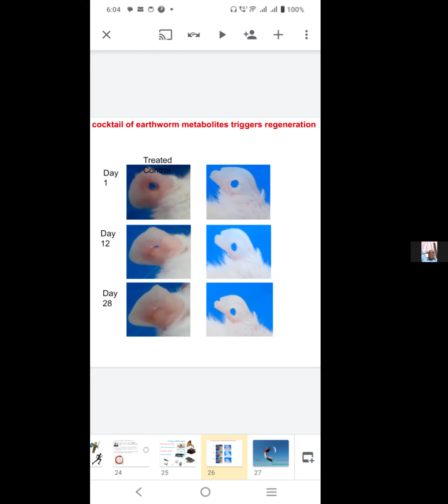And today I'm going to share some of my experience in the area of regeneration. For the last 18 years, we have been using earthworm for our studies. It's a wonderful animal for regeneration studies. We cut the earthworm head and tail area, and we study cell and molecular biology and also some metabolomic aspects to understand the regeneration.